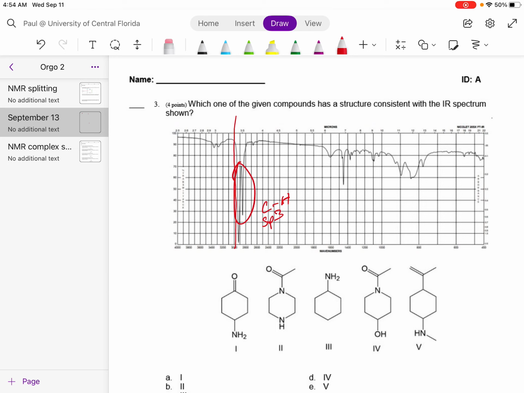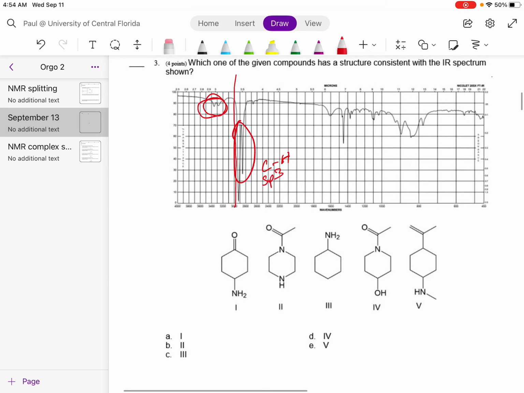Okay. Let's see, we have some signal right there, implying that we have a nitrogen with 2 hydrogens. So that's kind of what we're going off of.